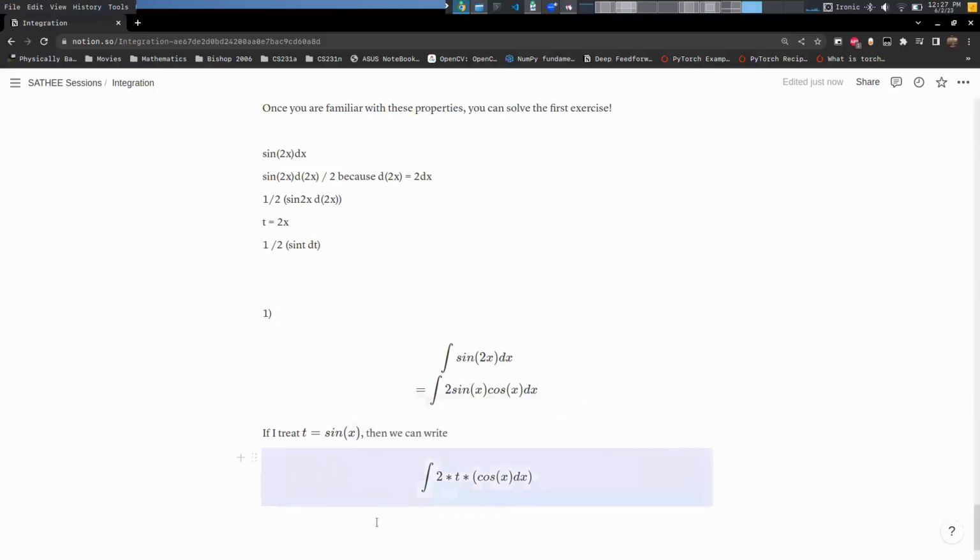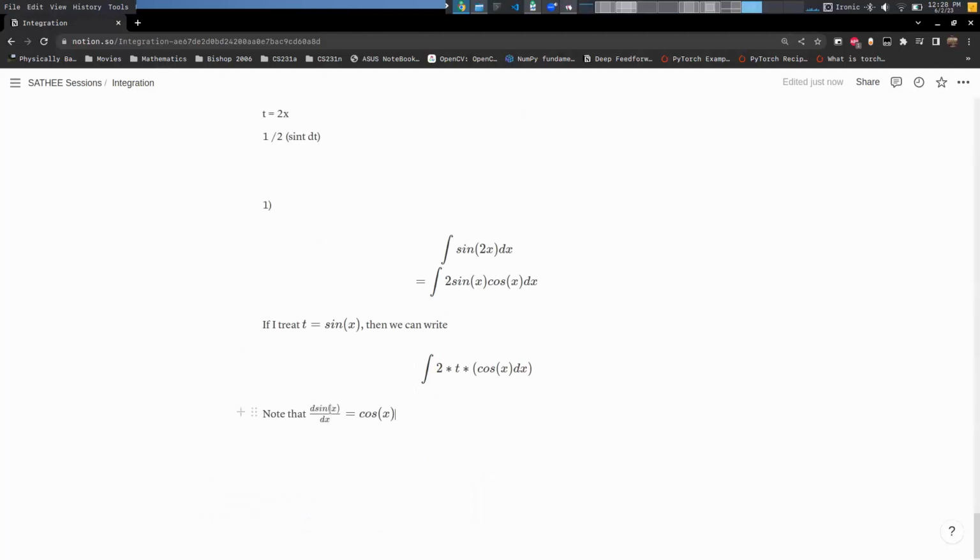Now you should note that the derivative of sine x with respect to x is cos x, and thus we can also write that cos x dx is equal to d sine x.